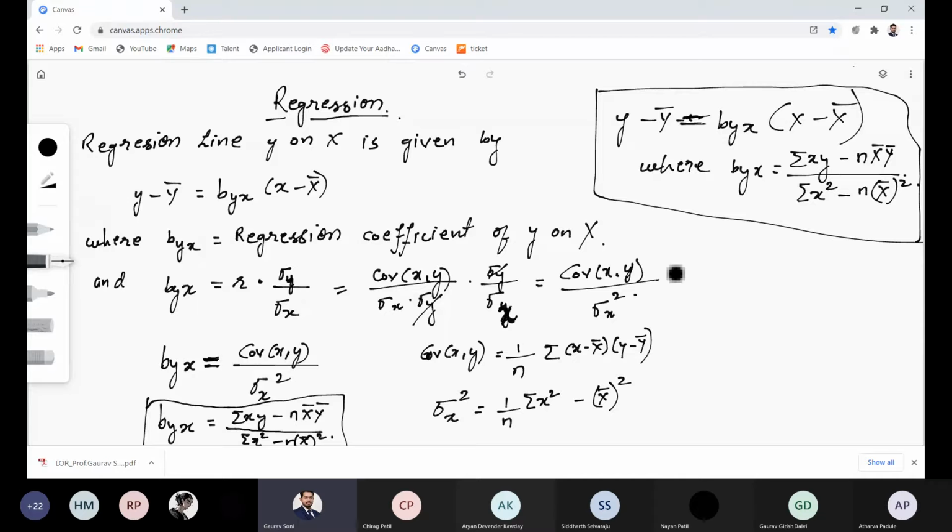Look, for simplification, how do we get this? You can simply open the bracket there. So in the summation you will have xy minus x times y bar minus x bar times y plus x bar y bar.